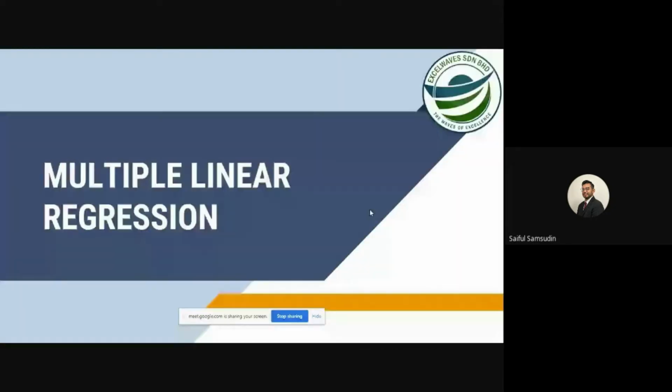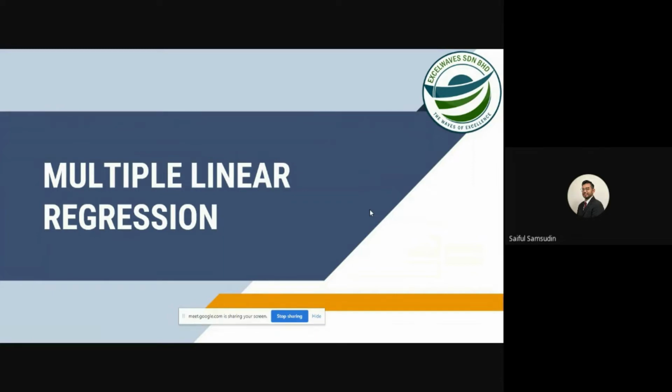So we go to the topic, multiple linear regression. Do you know about regression or have any idea about regression? Most of the time we know about linear regression, single regression. How about the others?